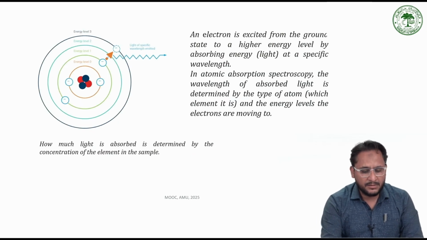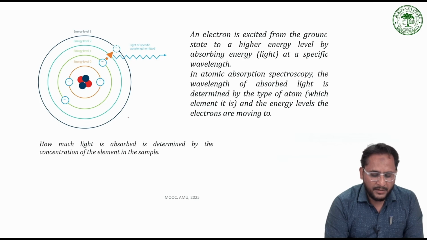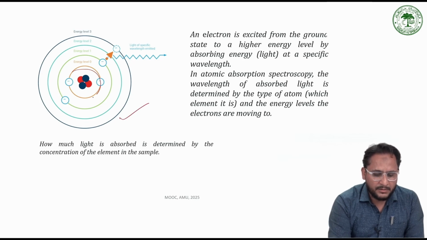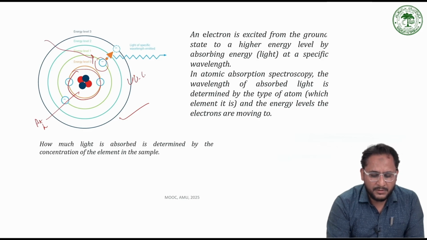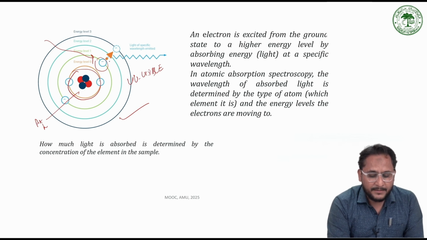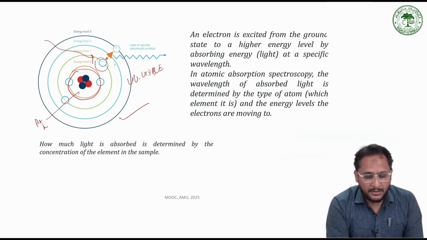As you can see in this figure, we have an atom, we have a nucleus where we have protons and neutrons as nucleons, and the electrons which are present in the outermost orbit. Upon absorption of energy from the UV or visible region, this electron is excited to the higher levels.